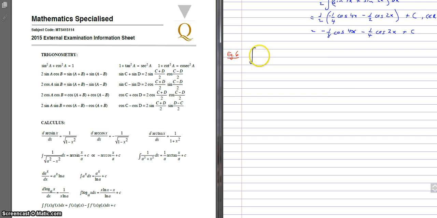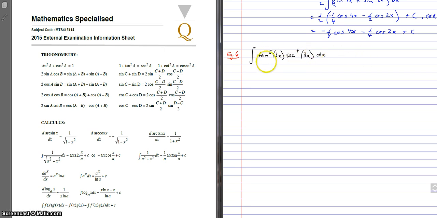And we'll do the integral this time involving tan power 5 of 3x times sec power 4 3x dx. Okay, this time we can use a substitution.